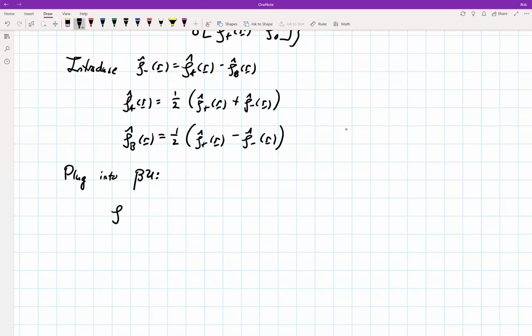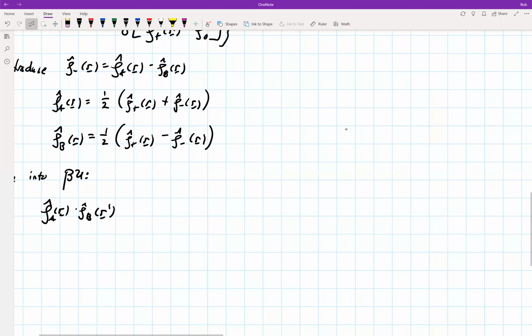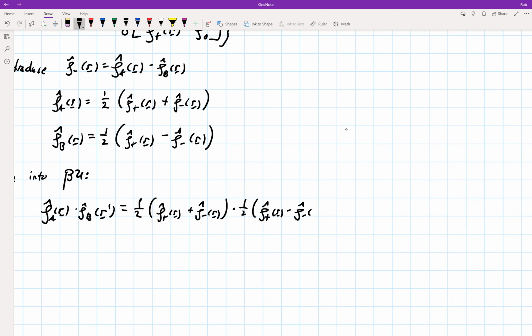And what we get is that we'll have 1/2 rho hat plus of r plus rho hat minus of r, and then times another 1/2 rho hat plus of r prime minus rho hat minus of r prime.